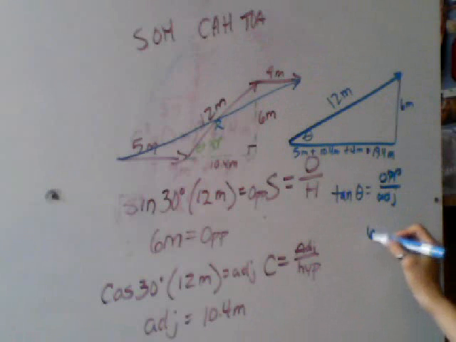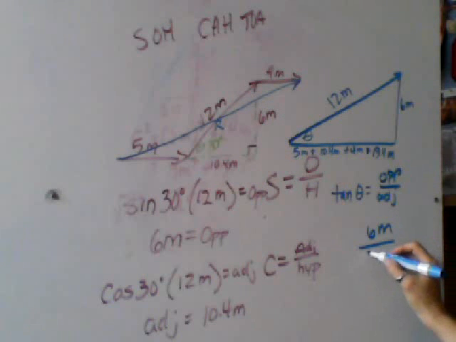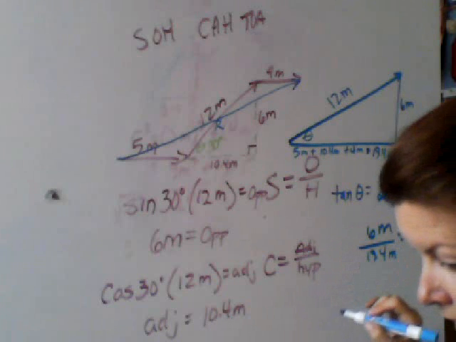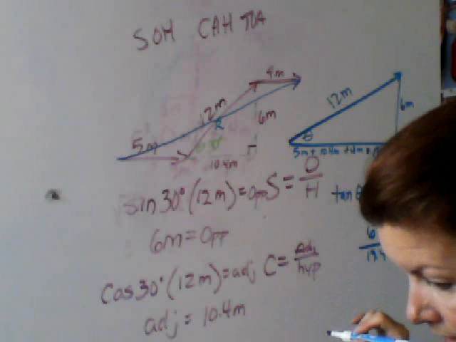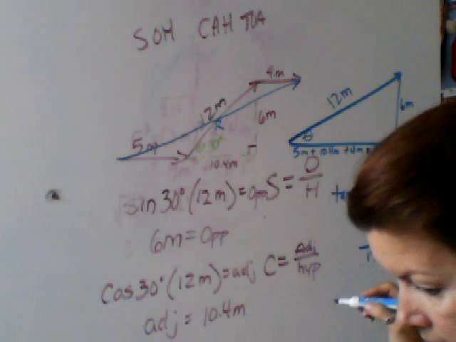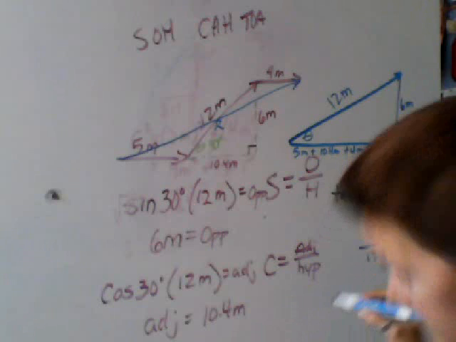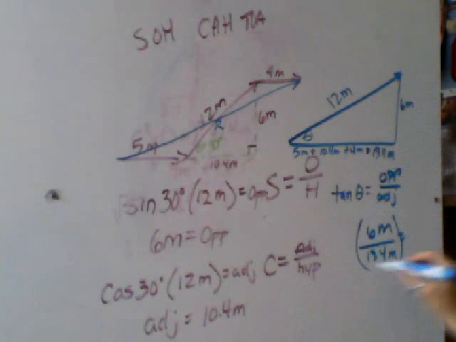And so our opposite is 6 meters, our adjacent is 19.4 meters. Oh, and then we do the tangent.